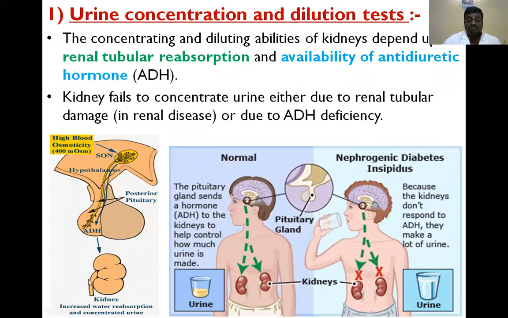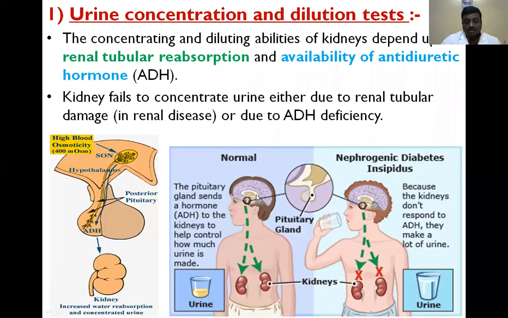The hypothalamus immediately sends signals to the posterior pituitary gland, which releases antidiuretic hormone. The antidiuretic hormone is released into the blood and reaches the kidney. In the renal tubule, water reabsorption then takes place, and the water levels become normal.